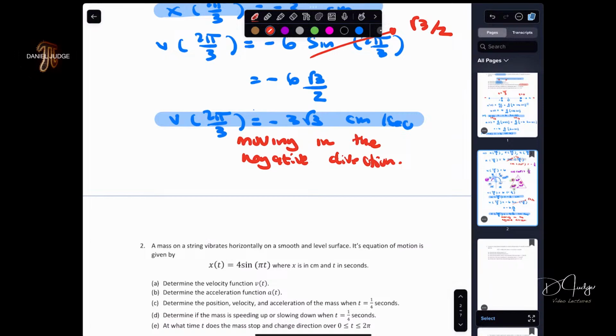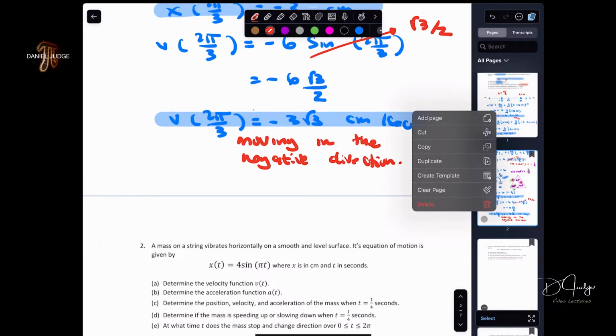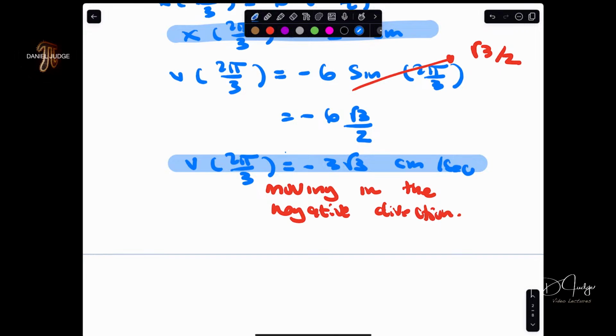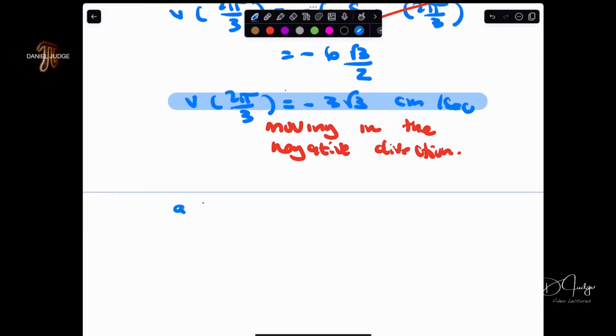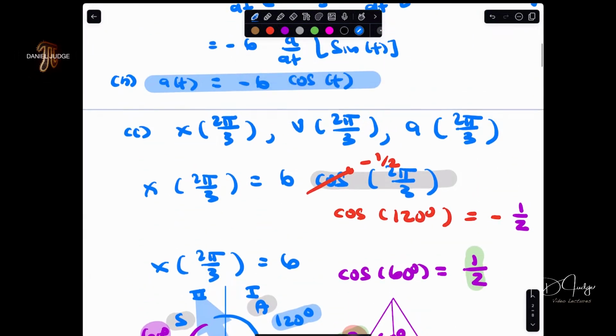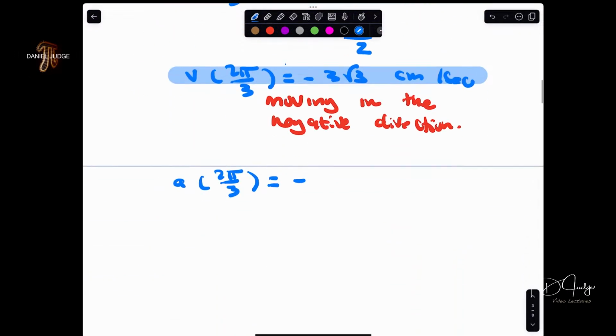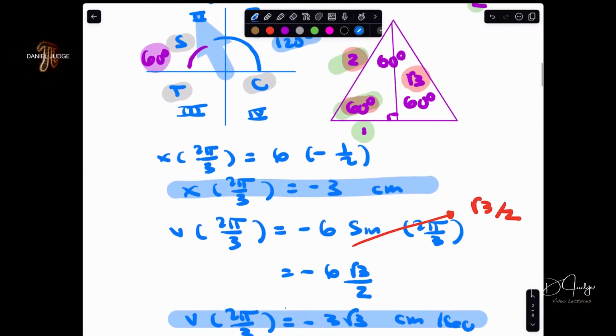So we're plotting the point, or the mass, we should say. Let's find acceleration now, because that's what they're asking. Acceleration at that particular time. So a of t now. A of 2 pi over 3, if I plug in 2 pi over 3, is -6 cosine t. So it's -6 cosine 2 pi over 3. Now, we already found cosine 2 pi over 3.